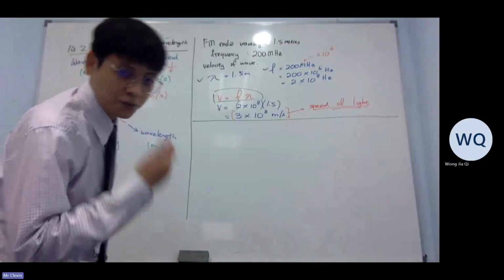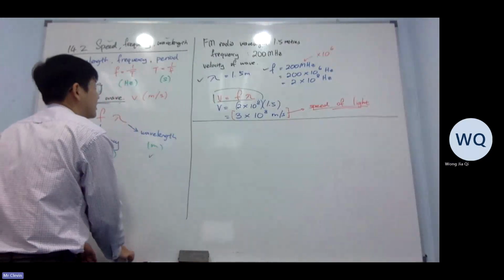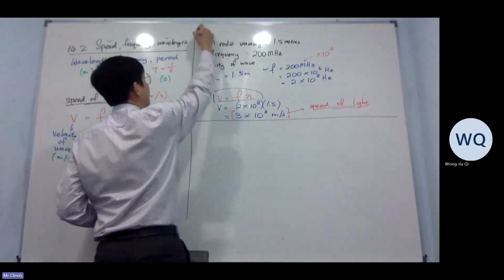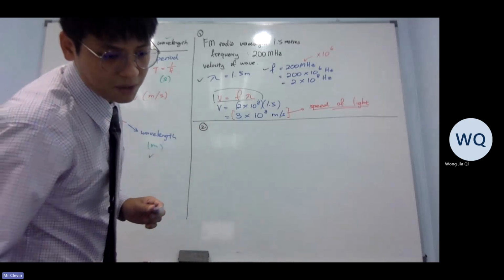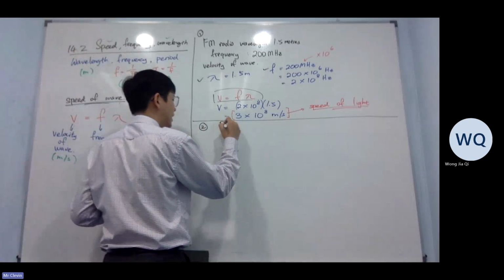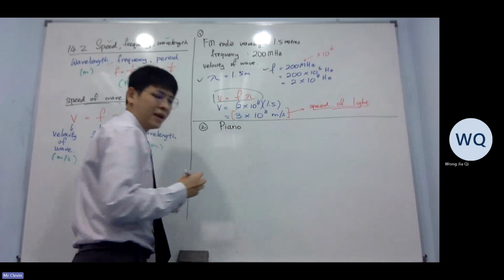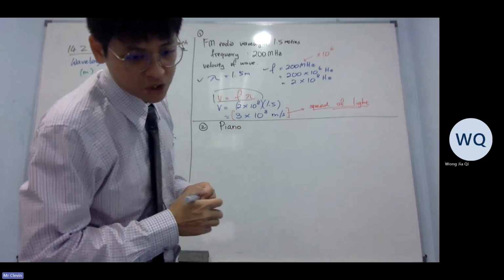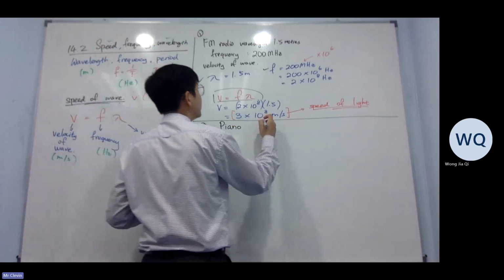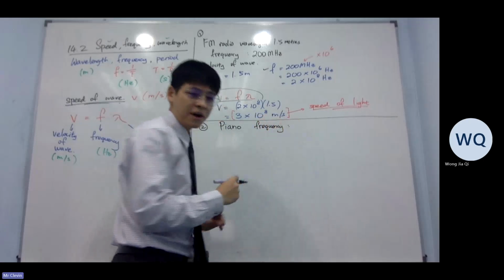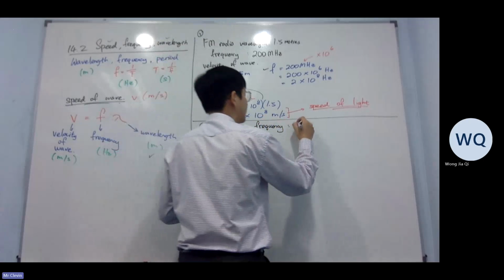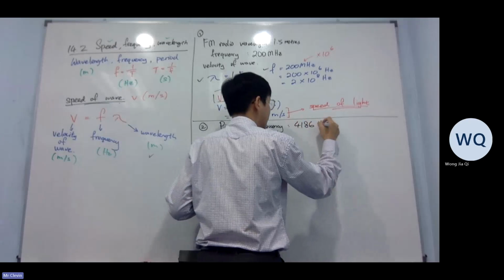Let me give you another example. So this was example number 1. Let's try example number 2. Imagine that it is a piano playing, and it tells us that the frequency you're playing is around 4,186 hertz.